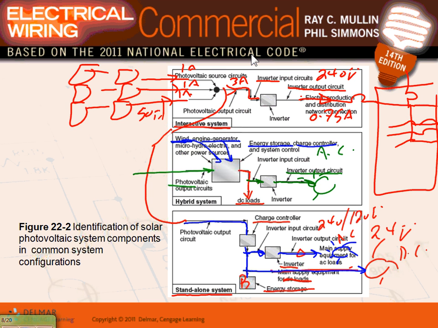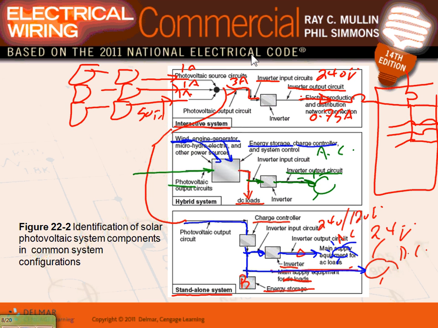I hate to say any inverter, but as long as you match the voltage of the inverter to your generated voltage, and then to your load voltage and frequency, you can use it. If it's interactive, it has a lot of requirements because you're tying to the grid. These guys are isolated, hybrid systems. The isolated ones, yes, you're not tying to the grid.